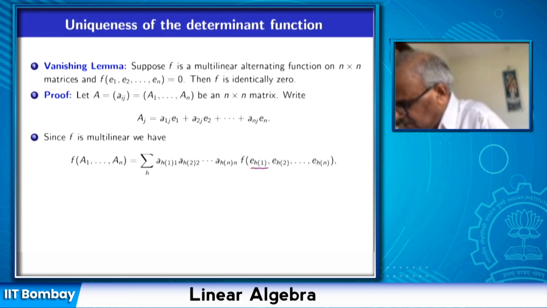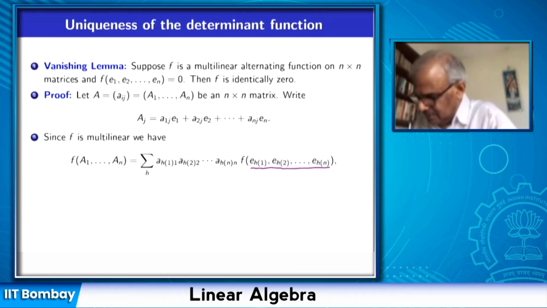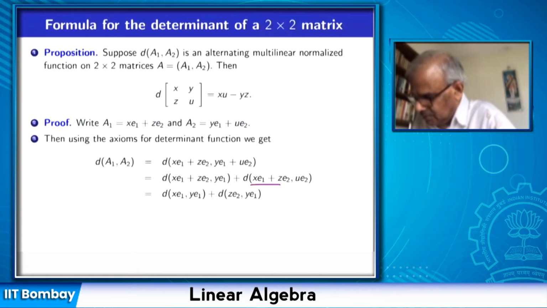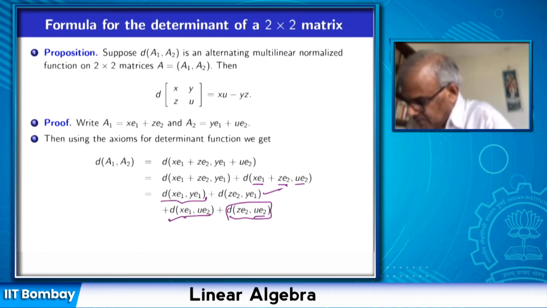These e1, e2, en are coming in a certain order. For the case of 2 by 2 matrices, they came in a certain order too. There were so many terms: e1, e2, e2, e1, then e1, e1, e2, e2.